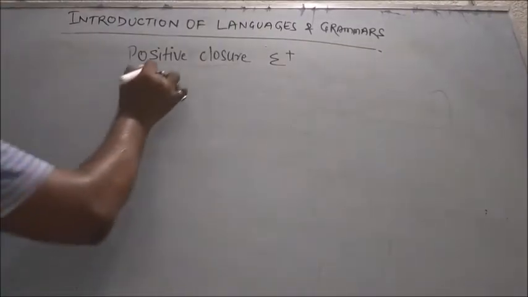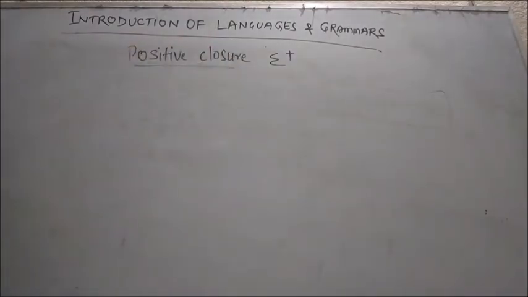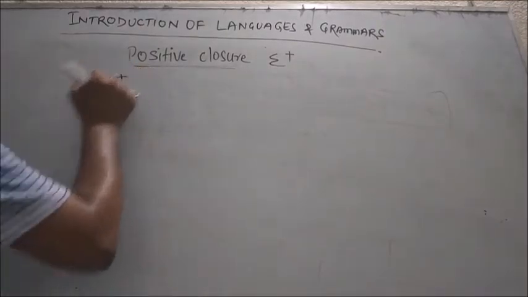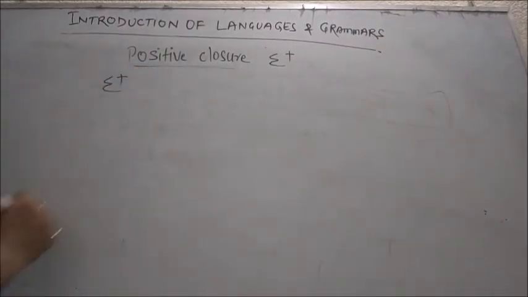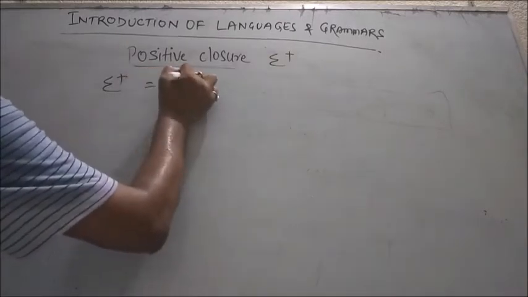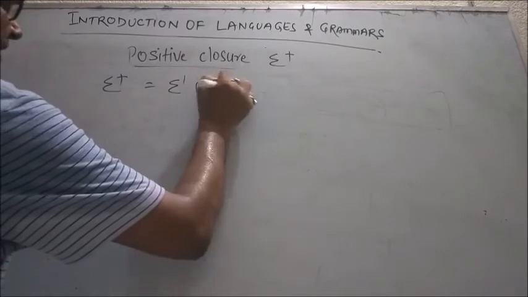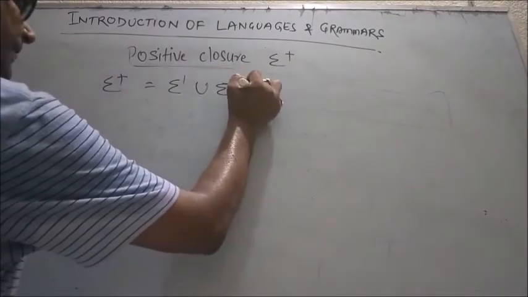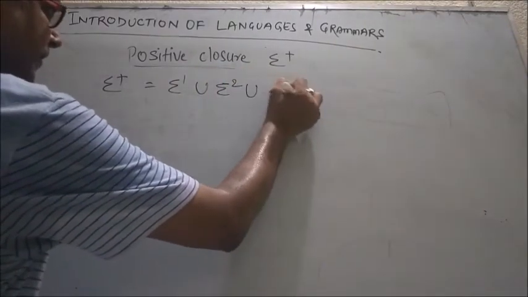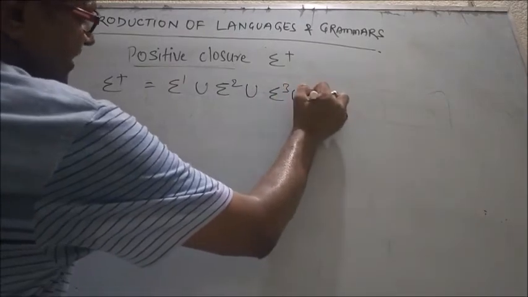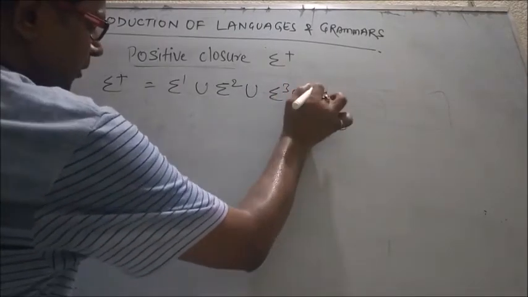Next, positive closure. This is also very important in generation of strings. Sigma plus is known as positive closure, which is equal to the first instance of the alphabet, second instance of the alphabet, that is sigma, third instance of the alphabet, fourth instance, and so on.